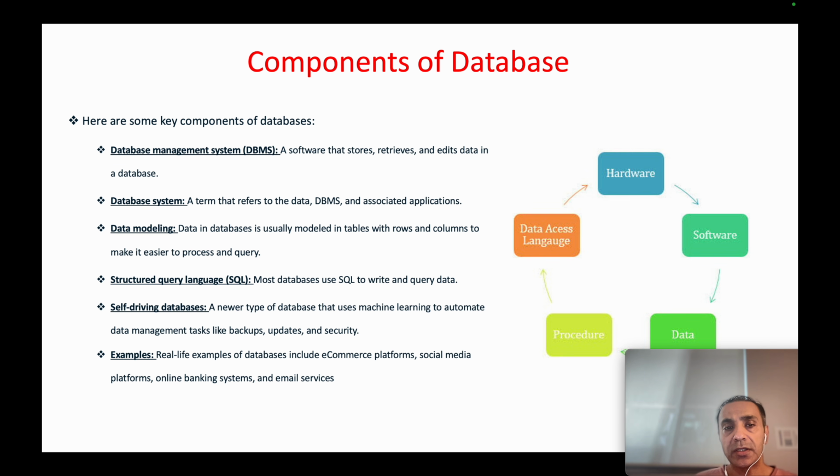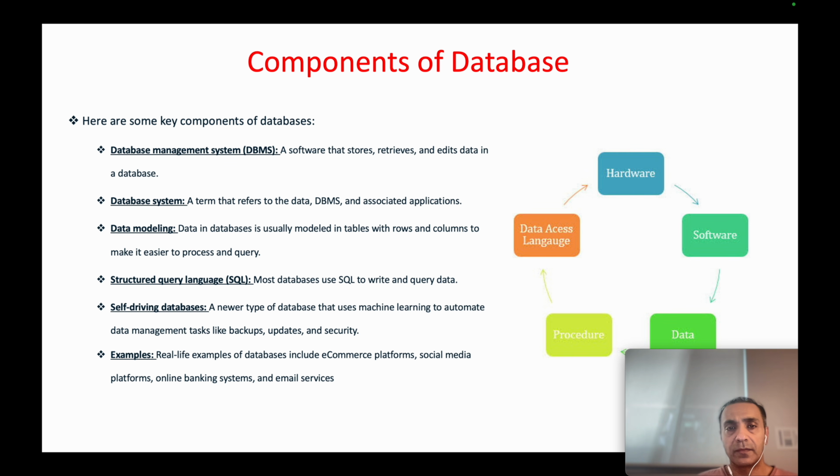Then there is the database system, which is a term that refers to the data, the DBMS, and associated applications. The whole ecosystem is called the database system. Data modeling: data in databases is usually modeled in tables with rows and columns to store the data, and that makes it easier to write the data, query the data, or even do other tasks like deleting the data or creating other tables or creating views or procedures.